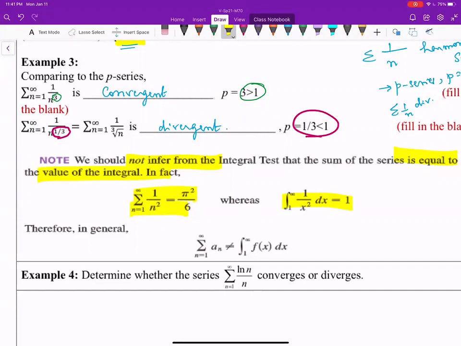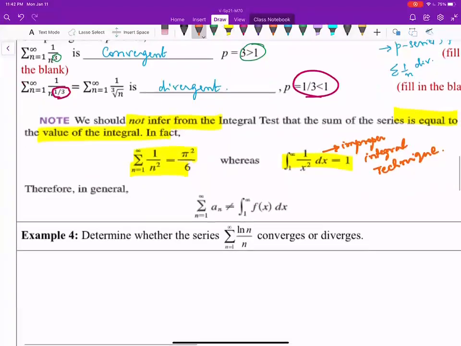This can be done by improper integral technique. Therefore, the sum of the series sigma an, n varying from 1 through infinity, is not equal to the value of the improper integral.